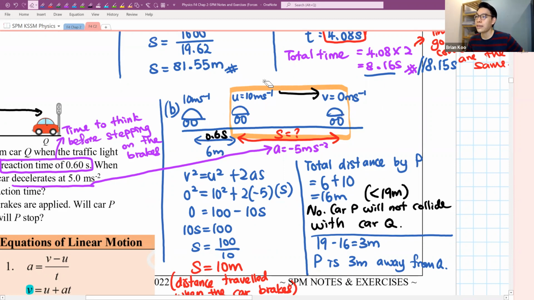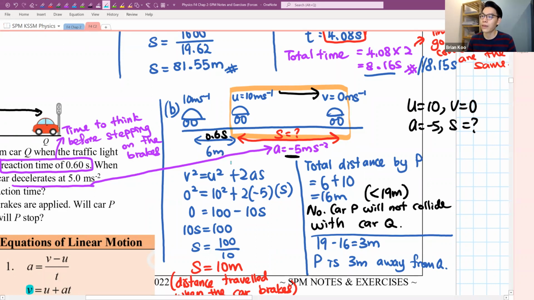Okay, and then the question also mentioned the deceleration is 5 meters per second squared. Because he's slowing down, slowing down means your A value must be negative. So it's -5. We are looking for the S value. So you have U, you have V, you have A, you want to find S, you choose which formula.